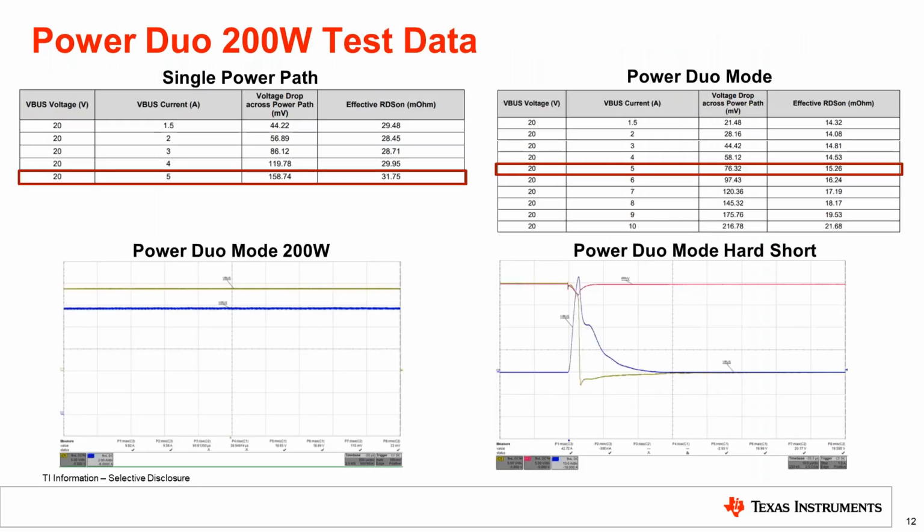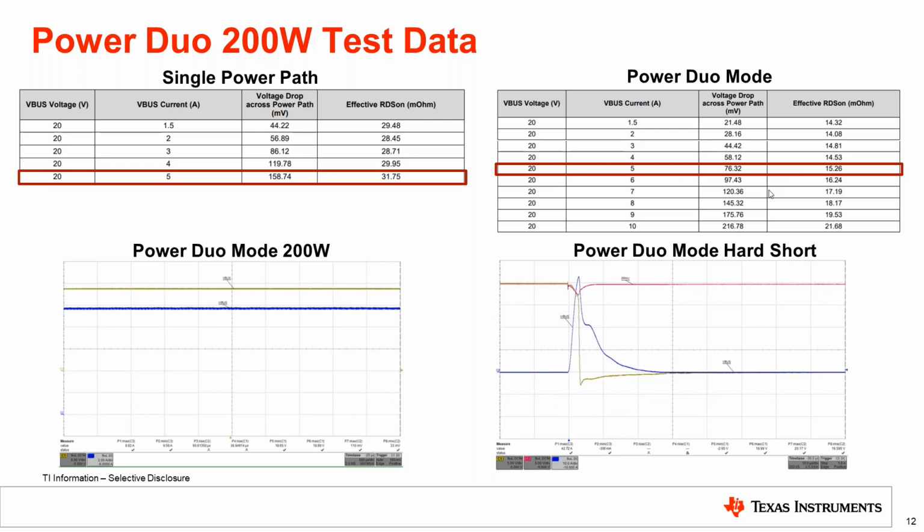Here's some test data that shows the benefit of going from a single power path to a dual power path. You can see here that when we're supporting a 20-volt 5-amp contract using a single power path, we have an effective RDS-on of roughly 31 milliohms. On the other hand, if both of these power paths are tied together, we can support that same 20-volt 5-amp contract with almost half the RDS-on as if we had the single power path.